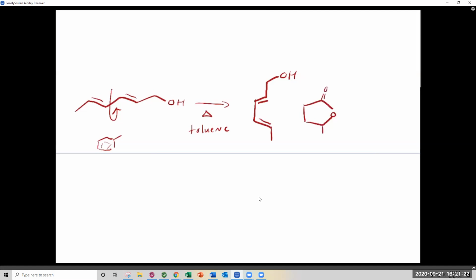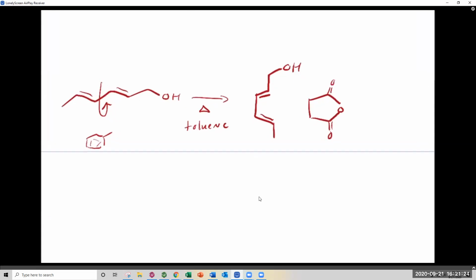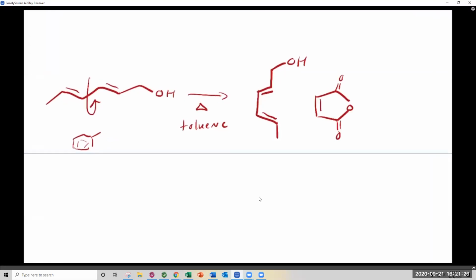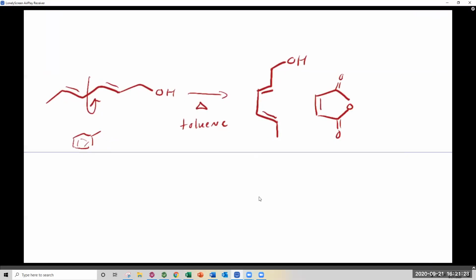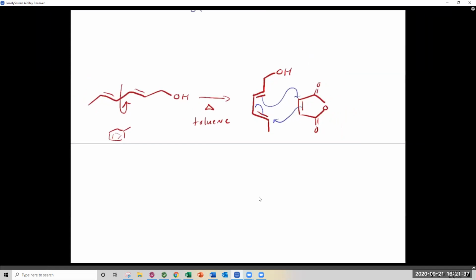It looks like this. So this first part is just a traditional Diels-Alder reaction that you would expect to see. After this, it's going to get a little funky. We're going to get this right here. There's my cyclohexene core.